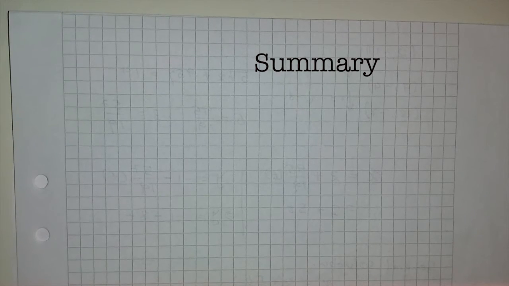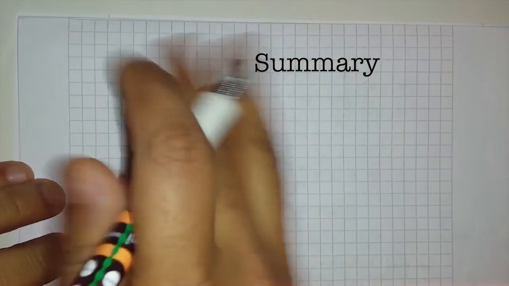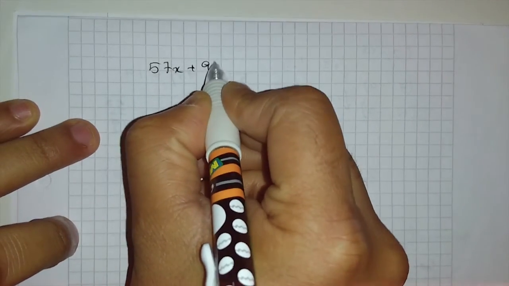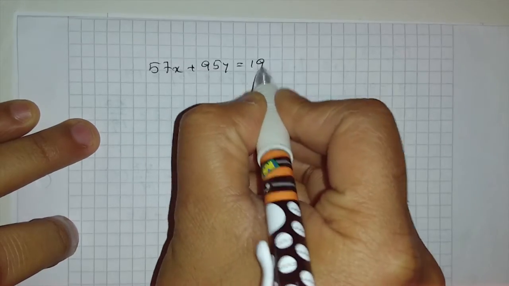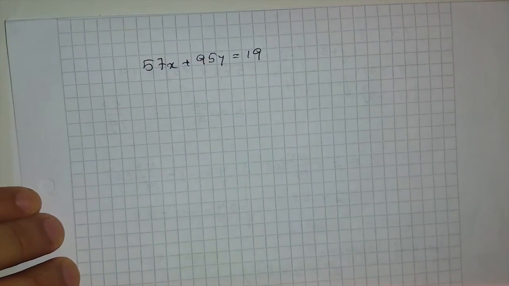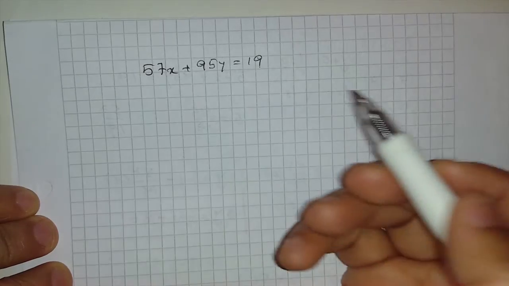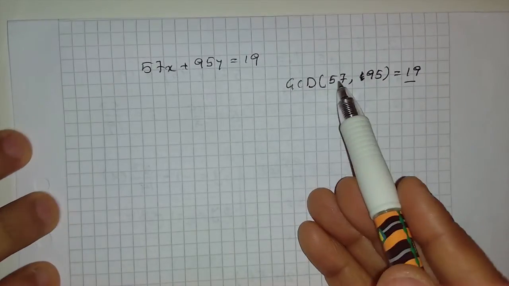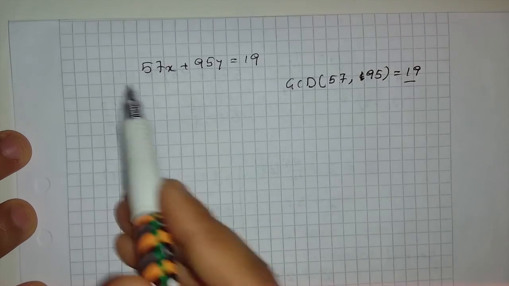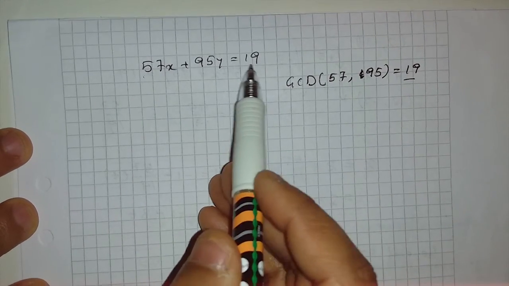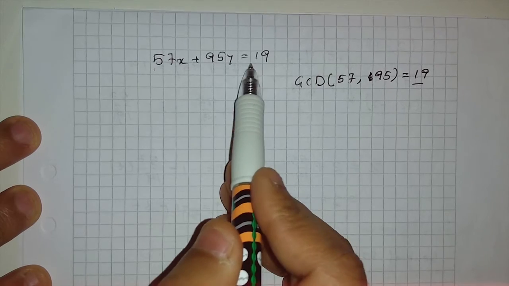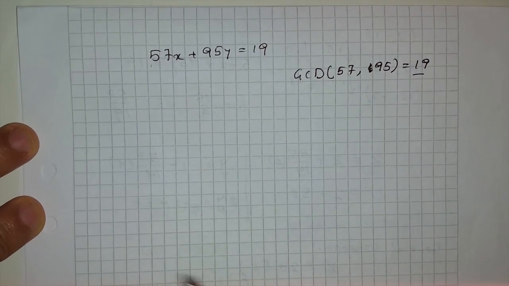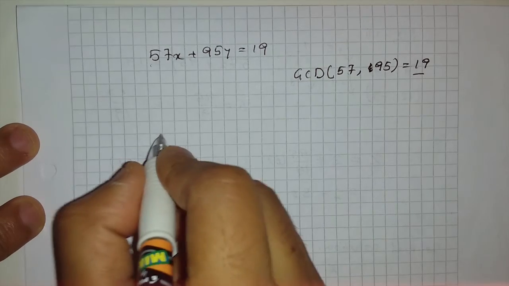To do a summary of whatever we have studied, we have solved the problem 57x plus 95y equals 19, and the GCD of 57 and 95 was 19. So therefore, since the GCD of 57 and 95 is 19, this whole equation is solvable. So that is the point that is checked. Now when we have solved the problem, what is the solution?